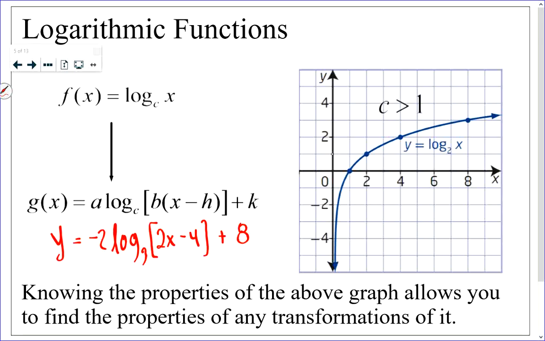The asymptote, by the way, would be at x equals 2 for this function, because you have as an argument here 2 times x minus 2, which means that the h parameter, which is the horizontal shift, is 2. The vertical asymptote on the original graph is here. So that's why you would know where it is on the transformed graph.